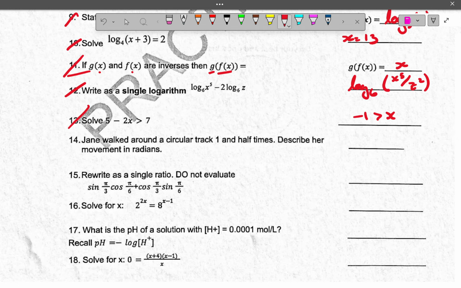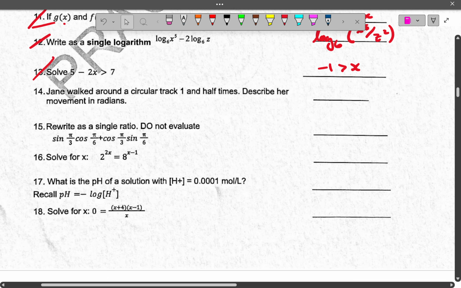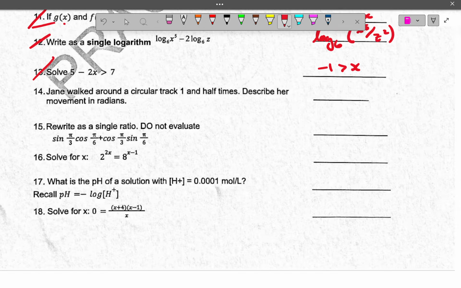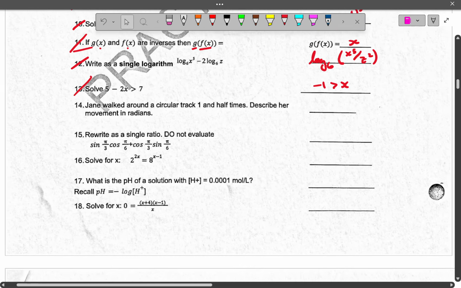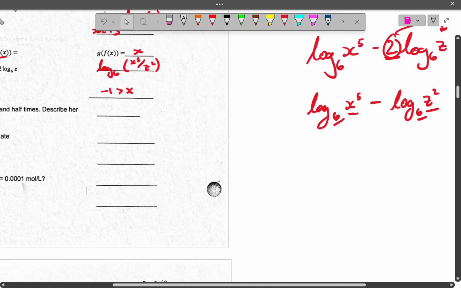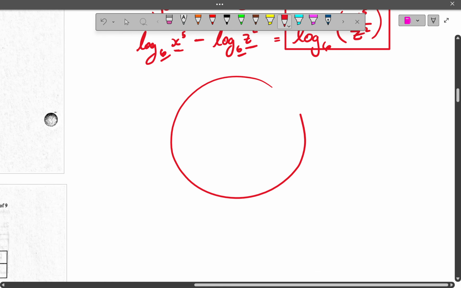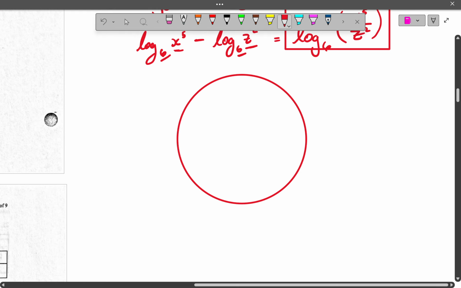Question 14. Jen walked around a circular track 1.5 times. Describe her movement in radians. So a circular track, you can imagine this is what she's walking around, and she's made 1.5 rotations.